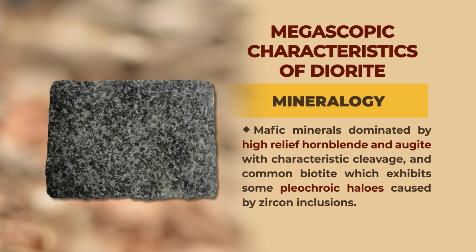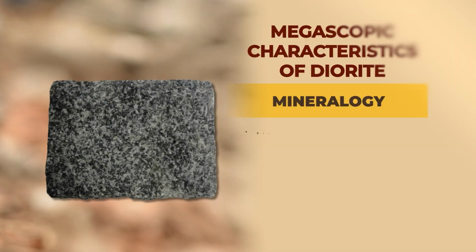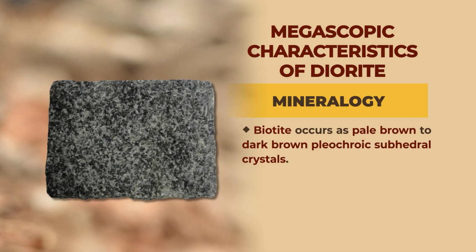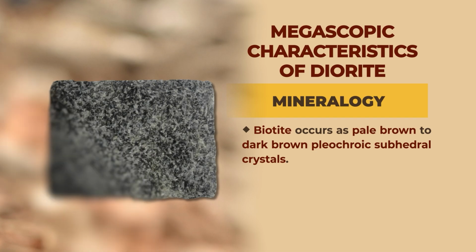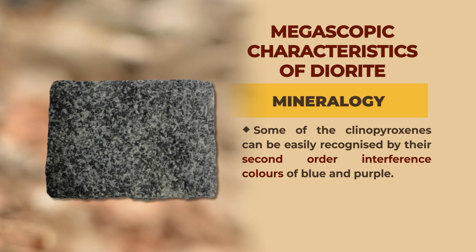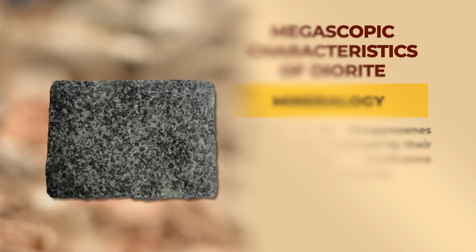Biotite is also there, which will exhibit some pleochroic halos, which are caused by the zircon inclusions in biotite. Biotite usually occurs as pale brown to dark brown pleochroic subhedral crystals. Some of the clinopyroxenes can be easily recognized by their second order interference colors of blue and purple.